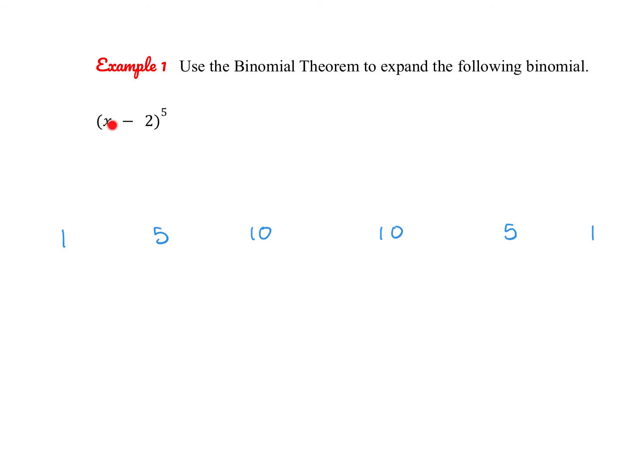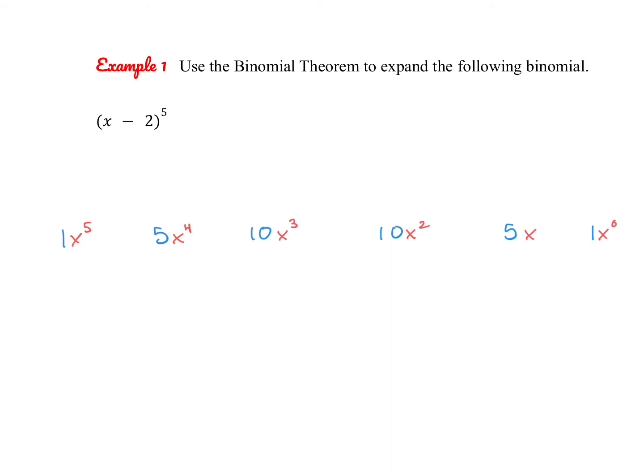Then we're going to take the first part of our binomial, which in this case is x, and we're going to start by raising it to the power of n, which in this case is 5. And then for each successive term, it's just going to decrease by 1. And then in our last term, it's just x to the 0. I'll show it, but you don't have to because that will just simplify to 1, so we won't actually see the x. And then we take our second term in our binomial, which in this case is -2.